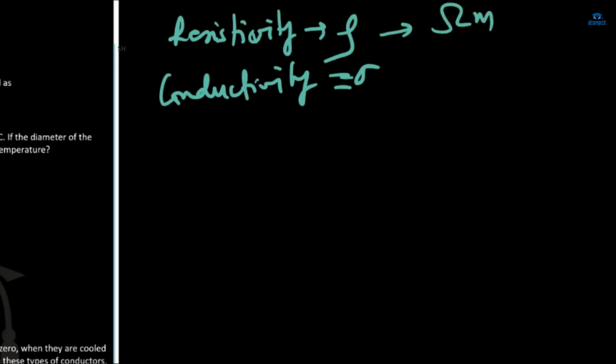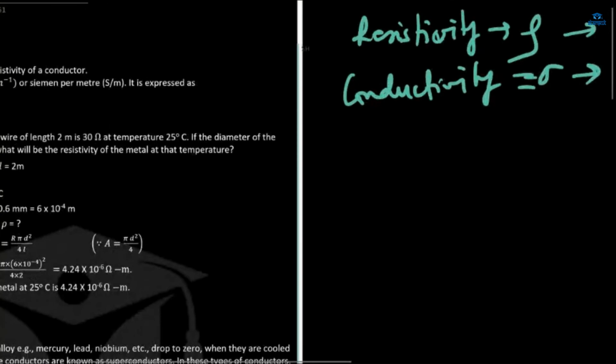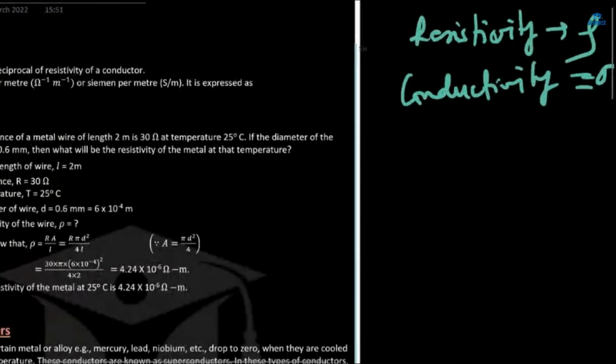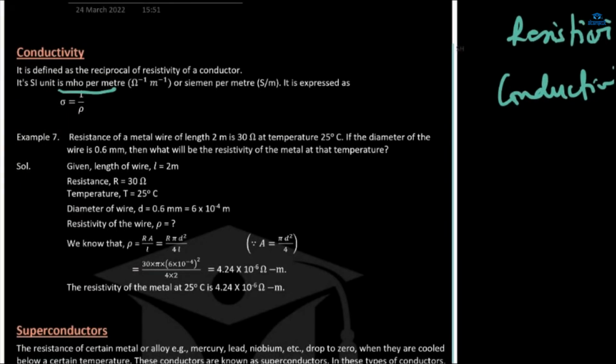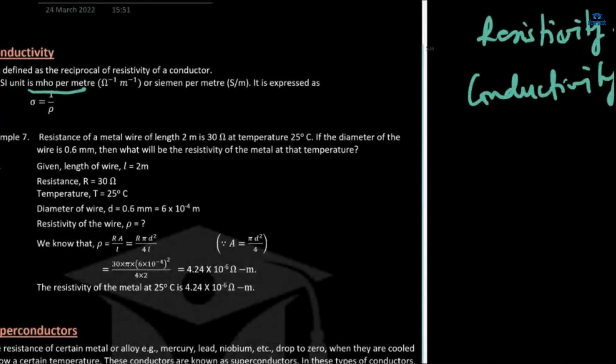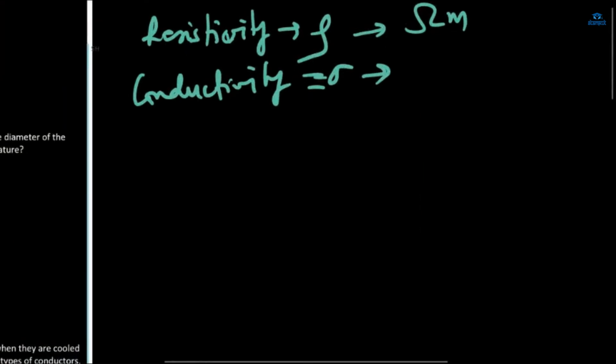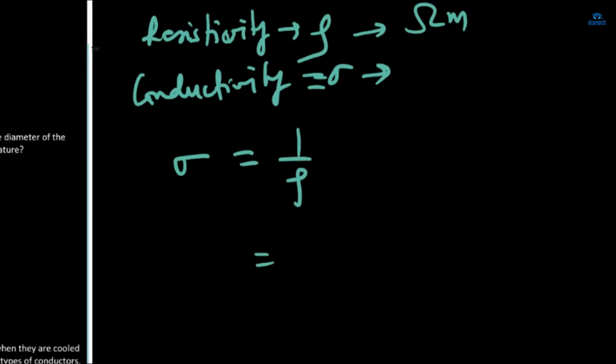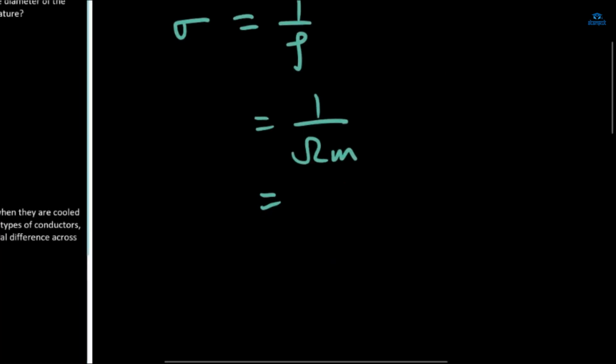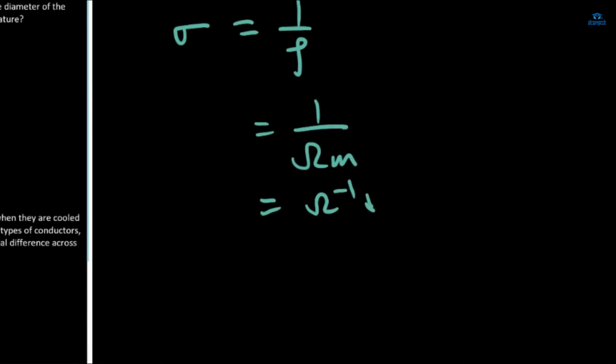Ohm meter. So the conductivity of the material is represented by per ohm per meter. Why? Because sigma is 1 by rho, so 1 by ohm meter means per ohm per meter.